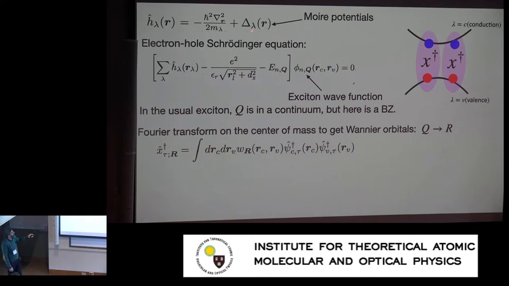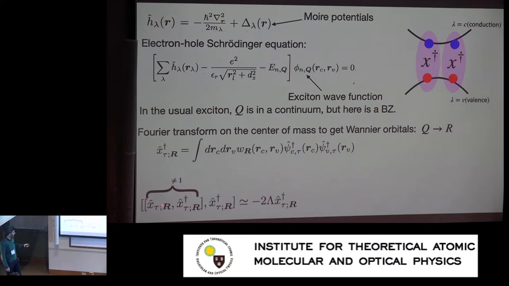Here it's just a little bit different. You have this lattice on top of it. So you find these orbitals, they're in this lattice structure. You take the Fourier transform, you create the Wannier orbitals. So now you have the creation of an exciton that is characterized by this integral, creating an electron and a hole in the conduction and valence band respectively with some form.